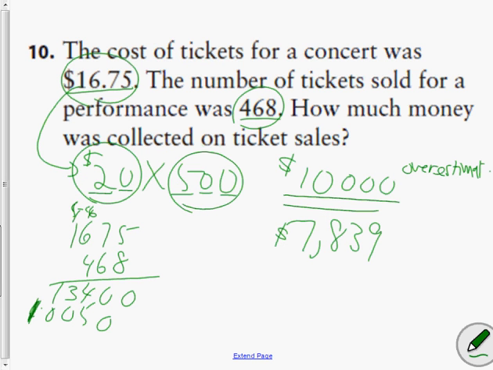I think so. And the last one is, I probably made a mistake somewhere, 20, 30, 27, and 6. Please don't make a mistake. 8 and 7. My estimation was 10,000, which means my decimal goes there. And thank God I did the right work. So your answer is $7,839.